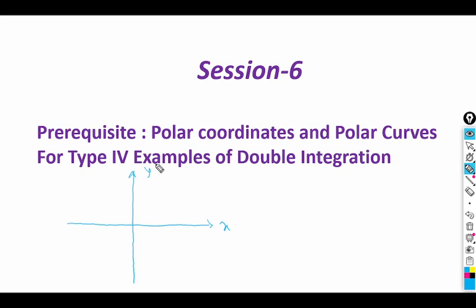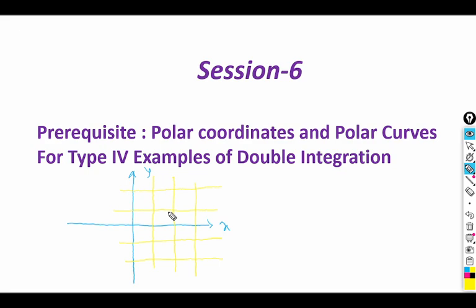This coordinate system is divided by some lines which are parallel to the y-axis, and some more lines which are parallel to the x-axis. These are the graph papers you use for plotting Cartesian coordinates or Cartesian curves.